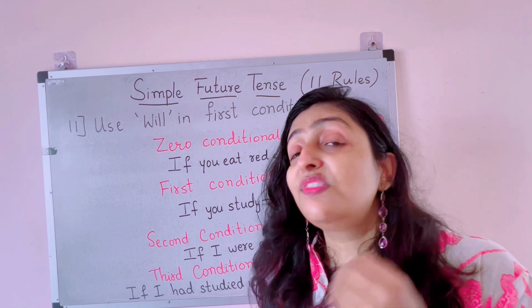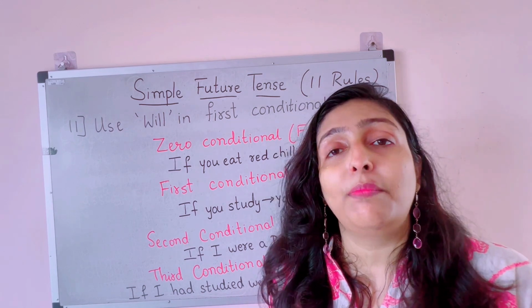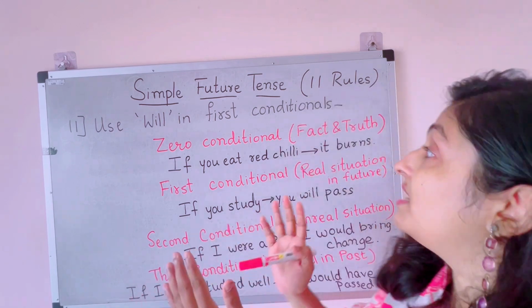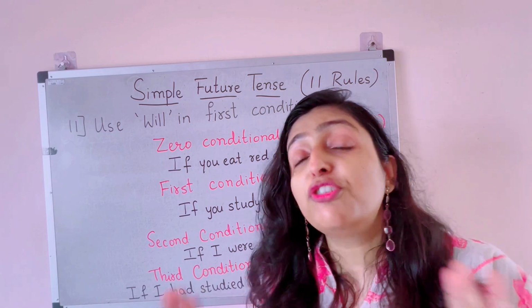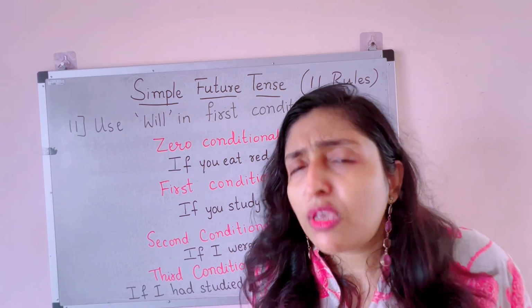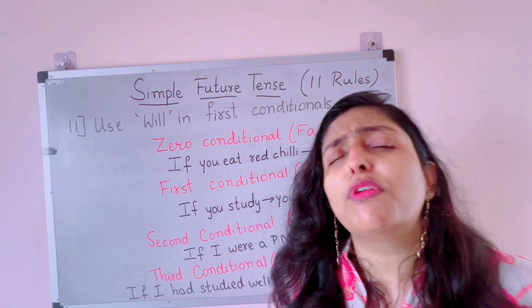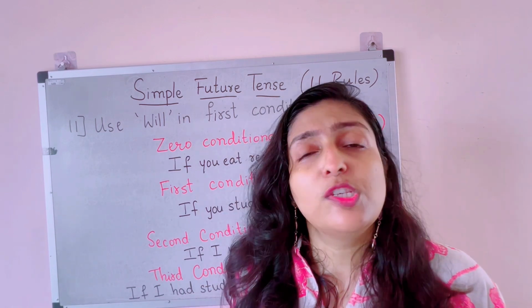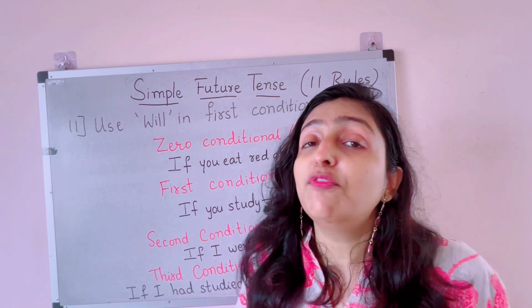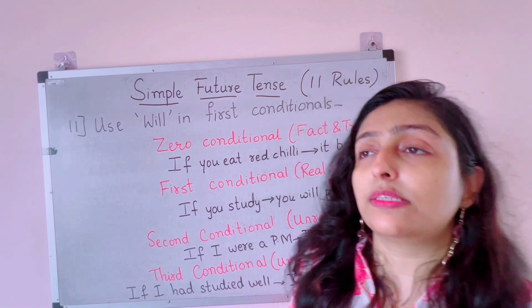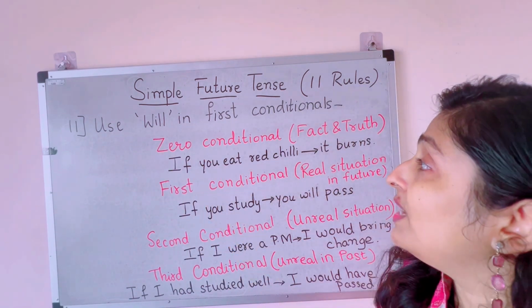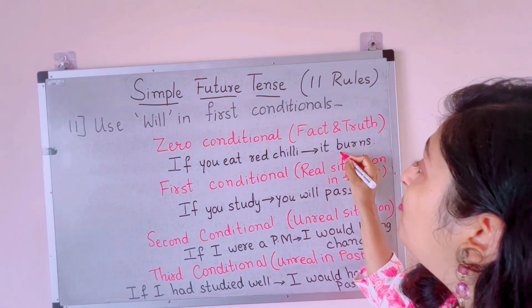First is the zero conditional statement. In such statements, we do not use will because they are factual. They are all about fact and truth. So we don't use will in that. We use simple present tense. Look at the sentence: If you eat red chili, it burns.